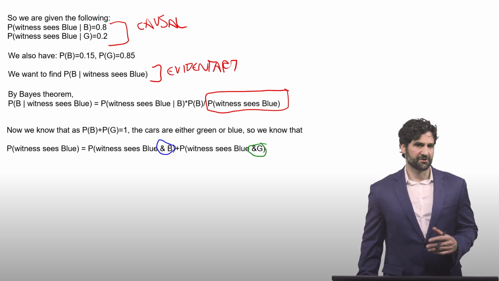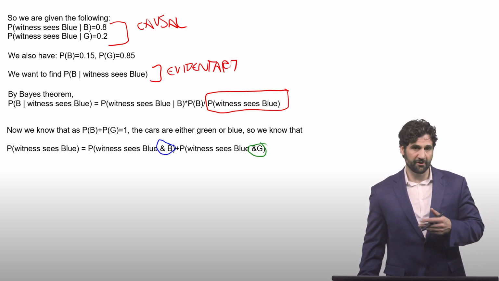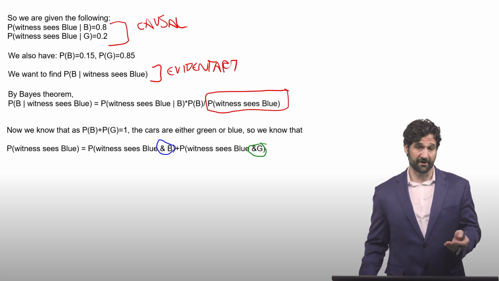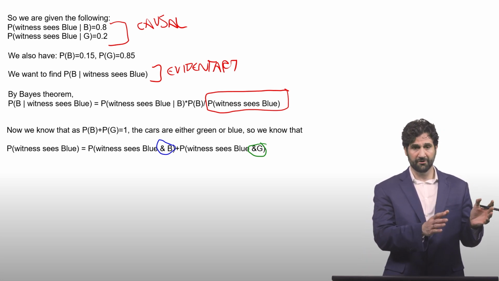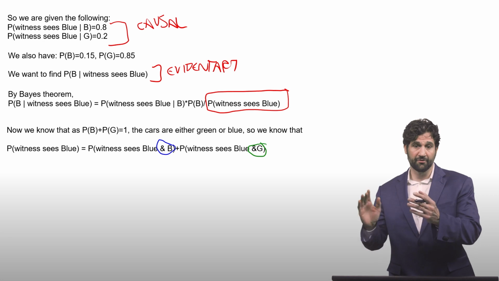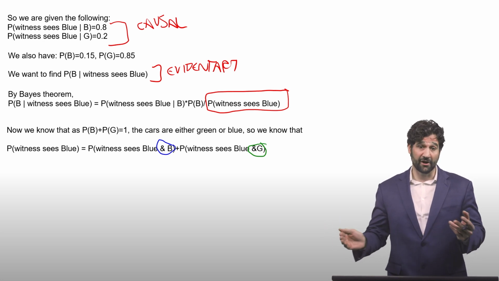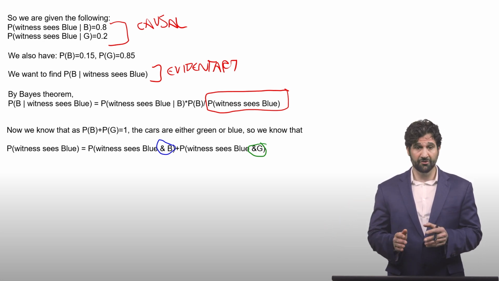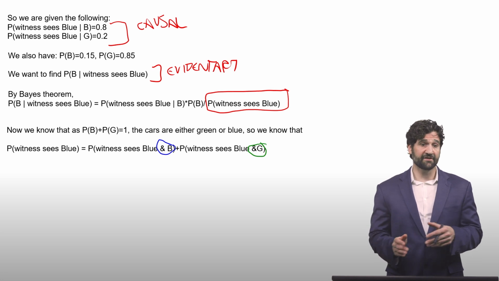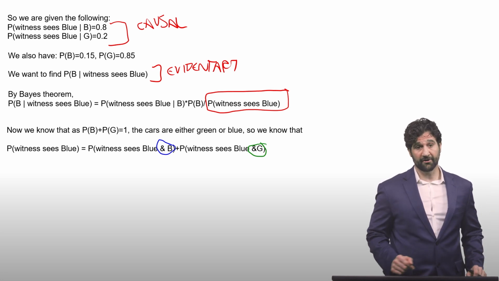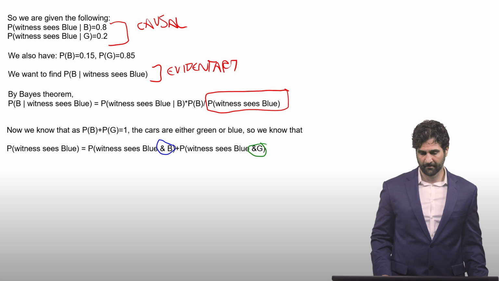So the witness sees blue, it's either going to be one of two things: it's blue and the witness sees blue, or it's green and the witness sees blue. That's it. There's no other opportunity. So those two items have to equal the probability that the witness sees blue.